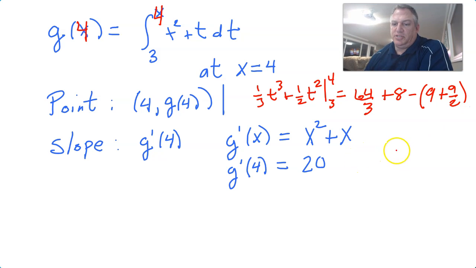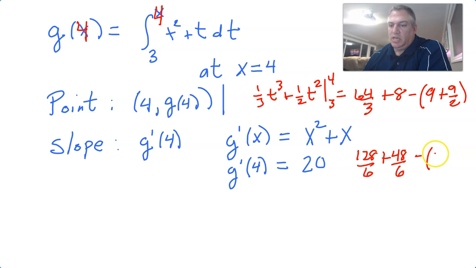So let's put this all in terms of, say, sixths. So we're going to have 128 over 6, and then we're going to add to that 48 over 6. And then we're going to subtract, I guess we'll say 54 over 6 plus 27 over 6.